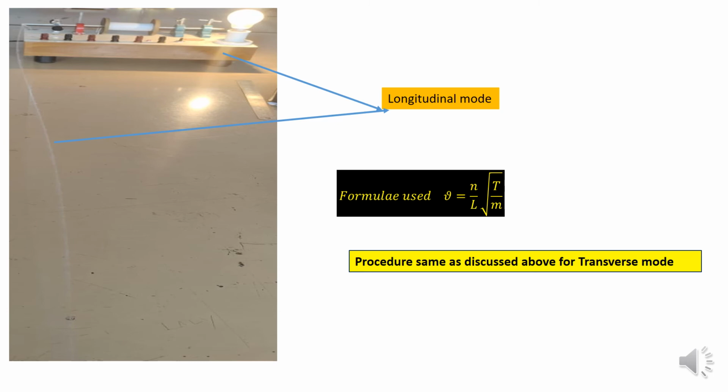Because this vibrator will vibrate in the direction parallel to the movement of the thread, the formula will be nu equals N by l, not N by 2l as in the previous case. It is N by l, square root of T by m.